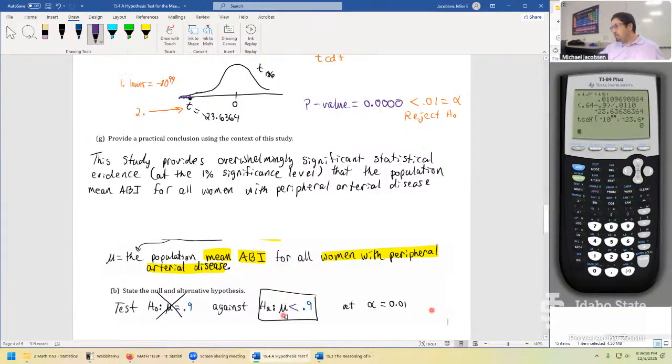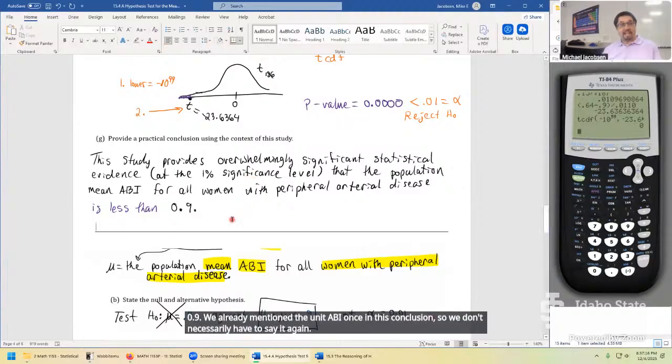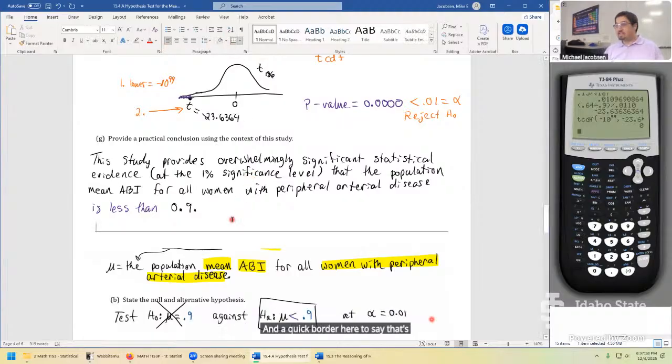We have a direction, is less than 0.9. We already mentioned the unit ABI once in this conclusion, so we don't necessarily have to say it again. And a quick border here to say that's where the practical conclusion ends.